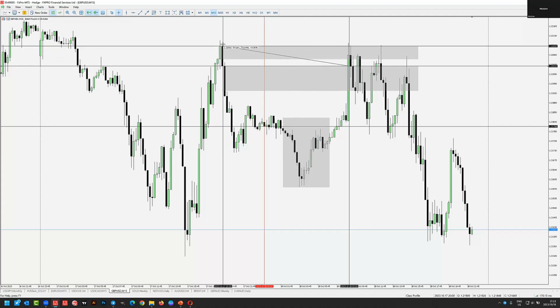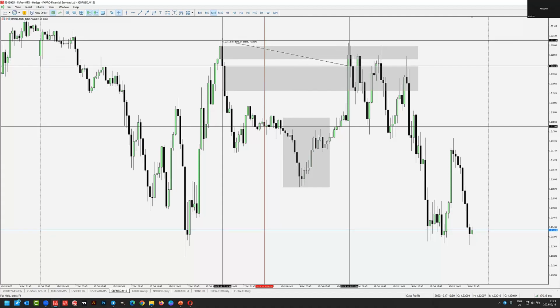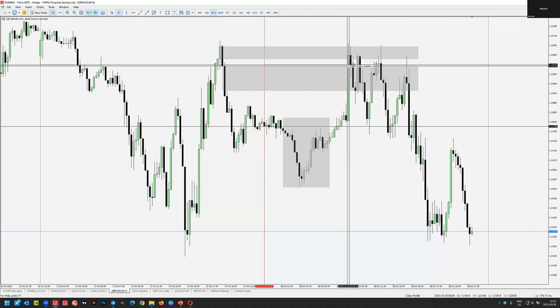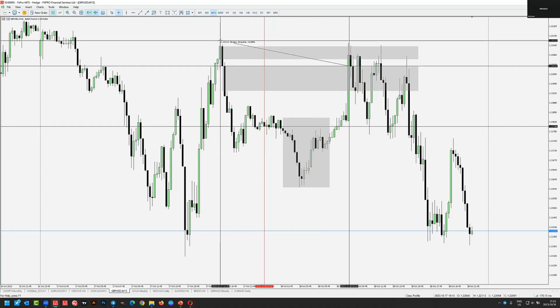You don't expect price to go above the order block. So 15, 20 pips above the order block. Initially from entry, you've got 9 pips to the high of the order block, plus another 20 pips.